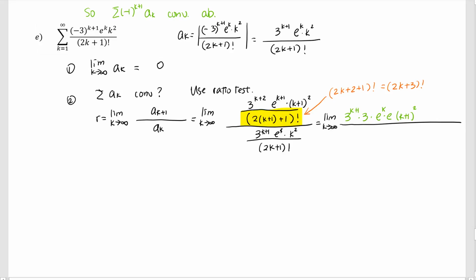Well, we can split this as 2k plus 3, next term 2k plus 2, and next term 2k plus 1, and we stop here because 2k plus 1 factorial is what we want. So that's why we stop here. Factorial. And then 3 to the k.